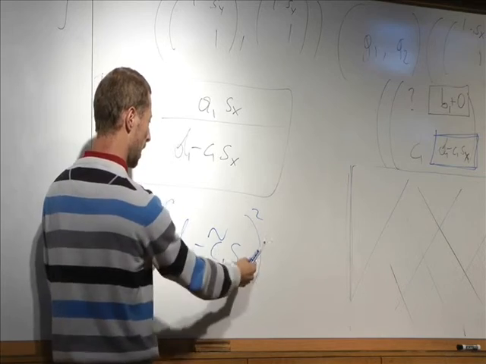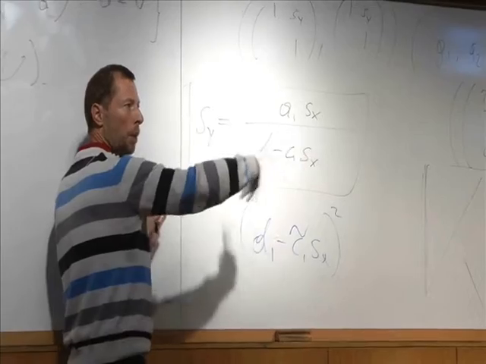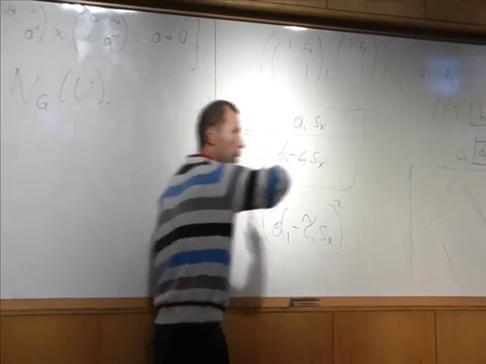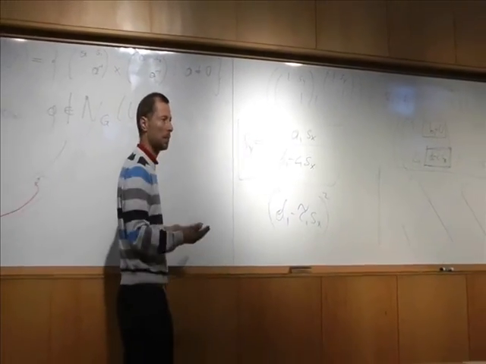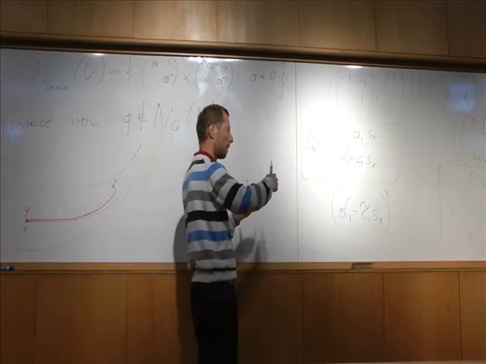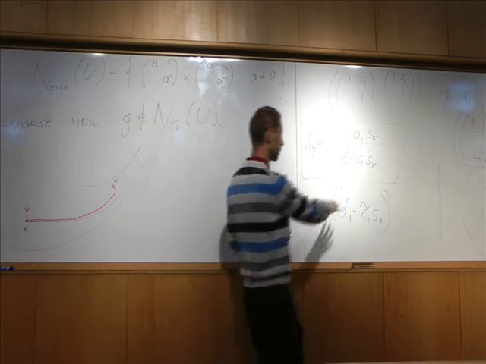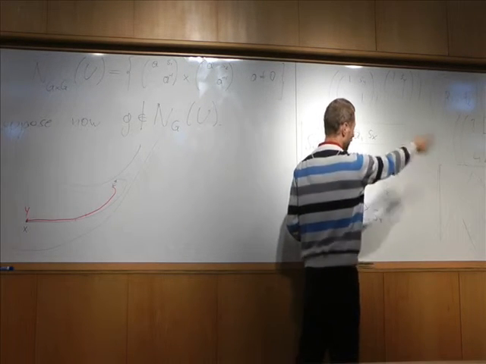Which means that my pole doesn't go all the way to 0, it stays somewhere bounded. Maybe the pole goes to infinity, that's okay, that doesn't bother me. I didn't like it anyway, right? But it doesn't go all the way to 0 along the sequence. So it works out nicely.